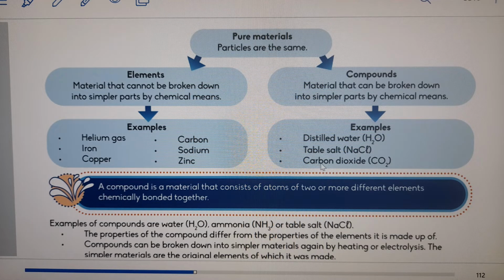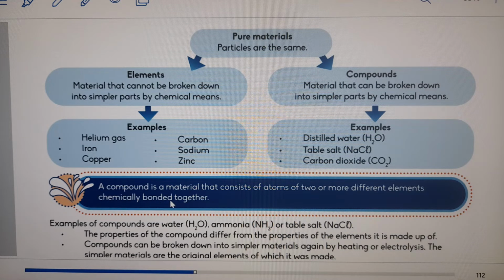And we have carbon dioxide, which is CO2, which means it's two atoms of oxygen joined to the carbon. That makes compounds. A compound is a material that consists of atoms of two or more different elements. Please note, different elements that are chemically bonded together.